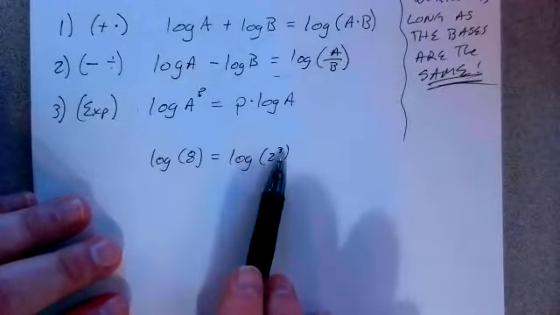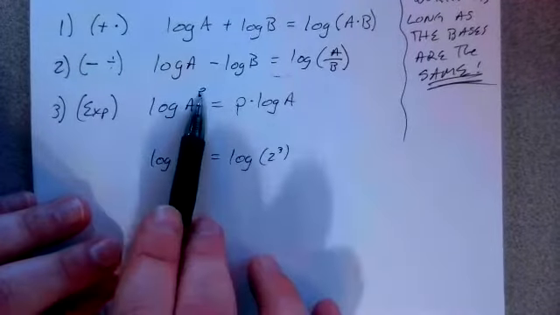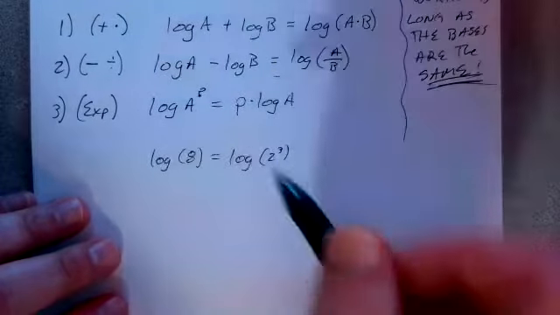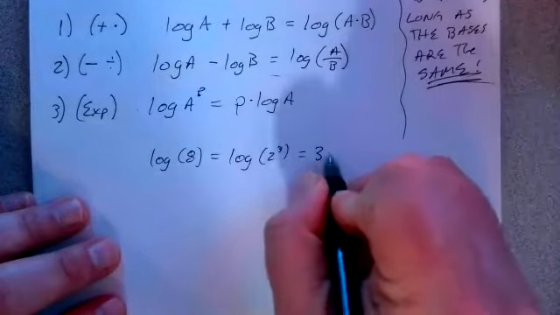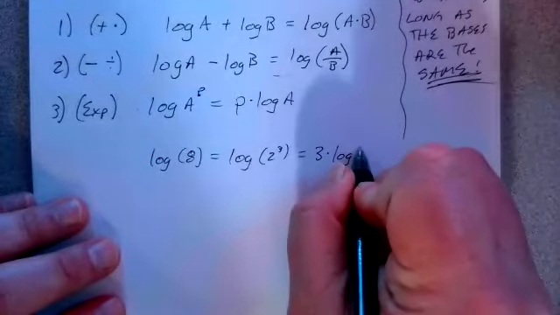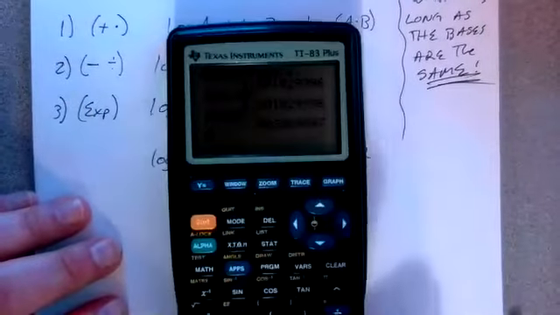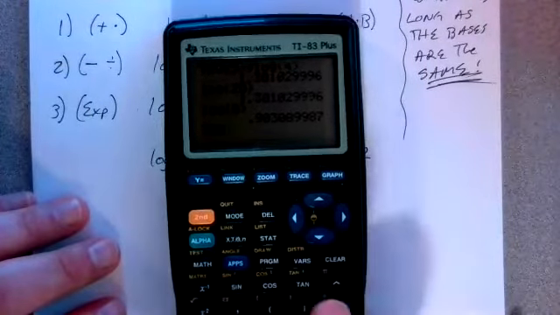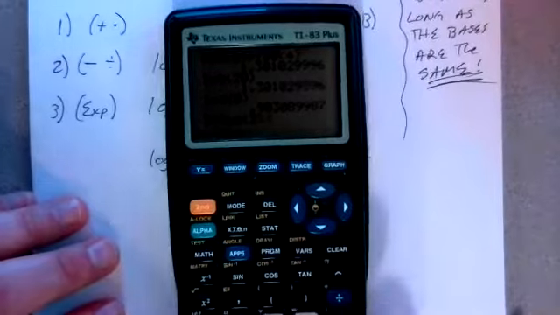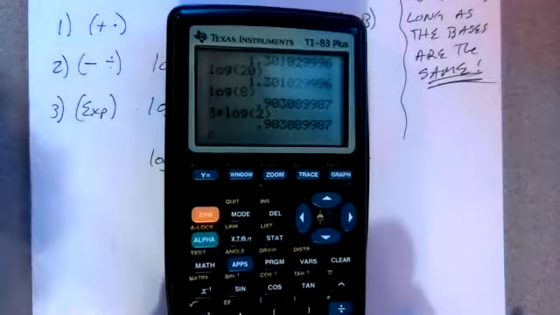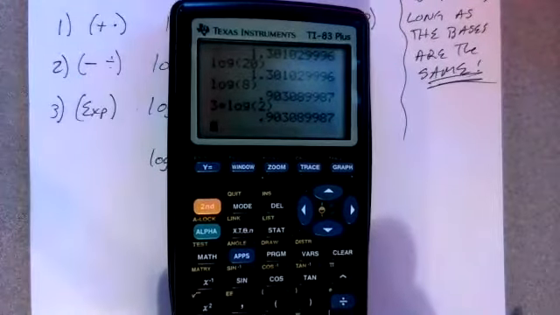Well, I should then be able to take that 3 because it's an exponent, right? That 3 then would come out front, and it should be the same thing as 3 times the log of 2, right? So let's go take a look. So if I plug that in, I get 3 times the log of 2. Do I get the same number back? Oh, yeah. That feels good.